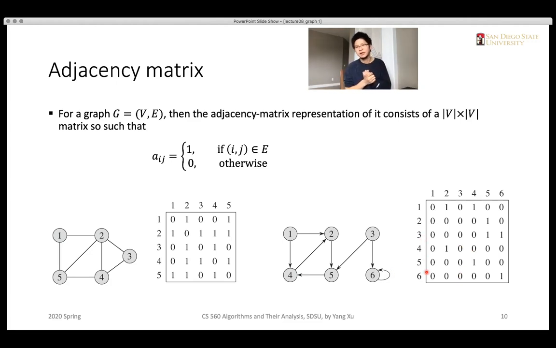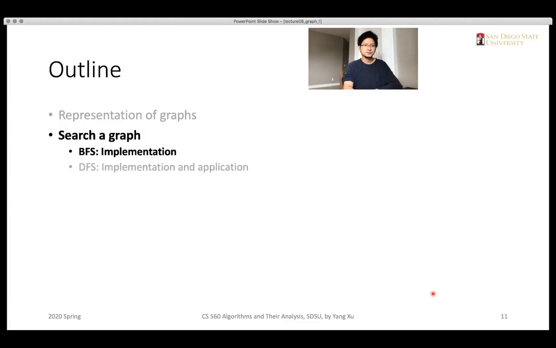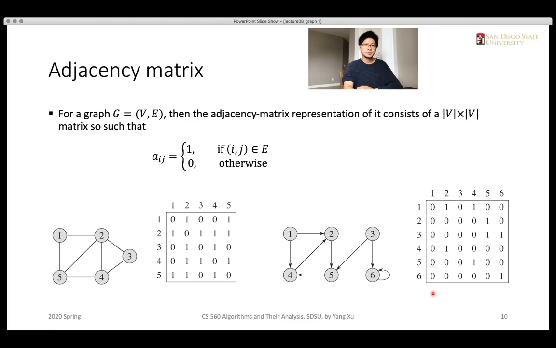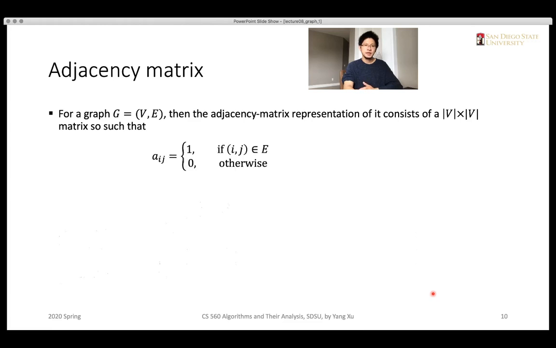So if it's a sparse graph and you still want to use a matrix to represent it, you can use techniques like sparse matrix implementation to avoid storing a whole lot of zeros in your memory. Okay? So these are the techniques to represent a graph in a computer.